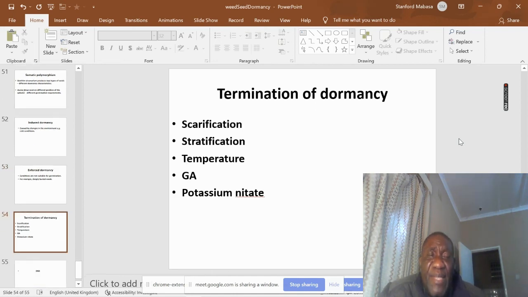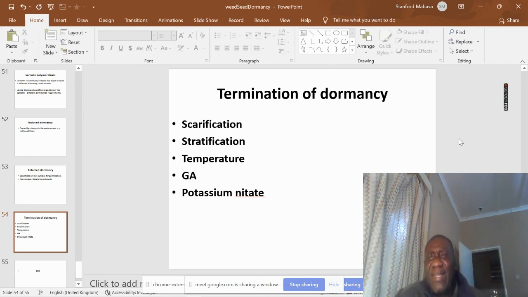Now, how do we terminate dormancy? Probably under laboratory conditions we can use stratification, using hard objects to damage the seed coat, freezing the seeds, varying temperatures, use hormones such as gibberellic acid, potassium nitrate. There could be other substances which can be used to terminate dormancy.